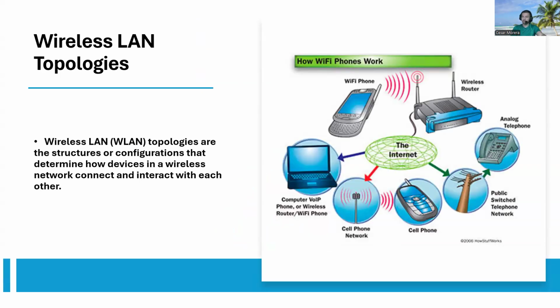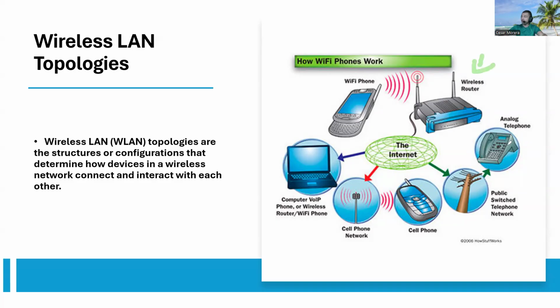What do we have here now? Wireless LAN topologies. WLAN topologies are the structures or configurations that determine how devices in a wireless network connect and interact with each other. In this example, we have some of the devices here that are currently receiving the signal from the internet.